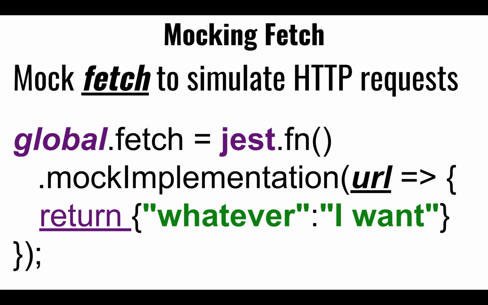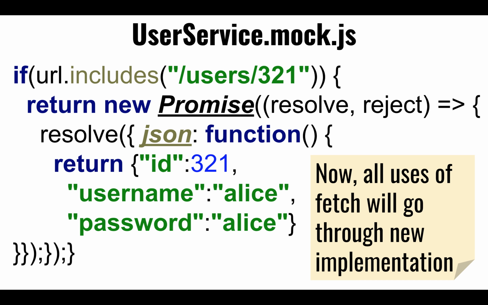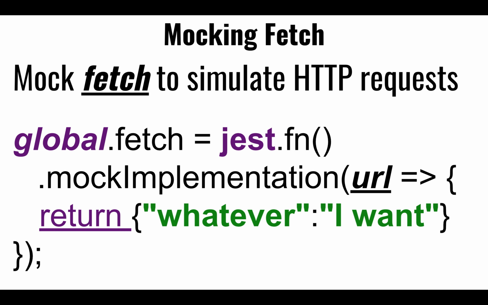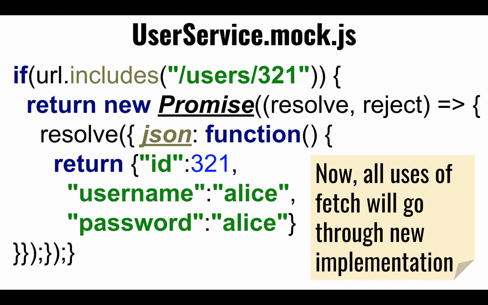Here's an example of us receiving the URL as an argument, but we can certainly receive the configuration object as well. Here we can do whatever we want. We can send back a response that simulates us actually going out to the server. Inside of our mock implementation, if we get a URL that looks like user/321, then I'm going to respond with a promise, because that's exactly what the component is expecting.